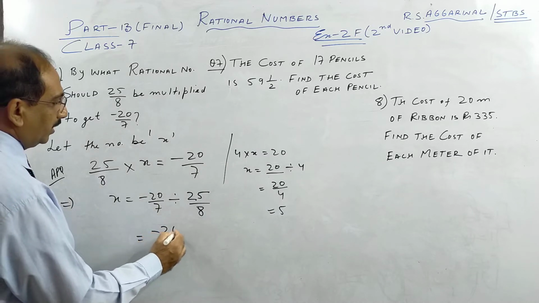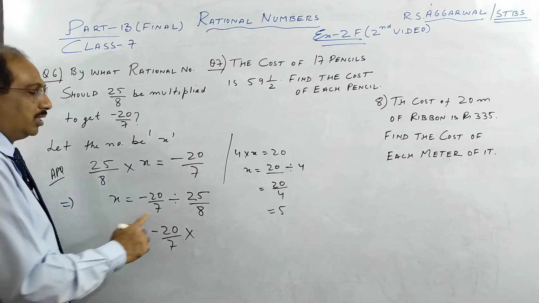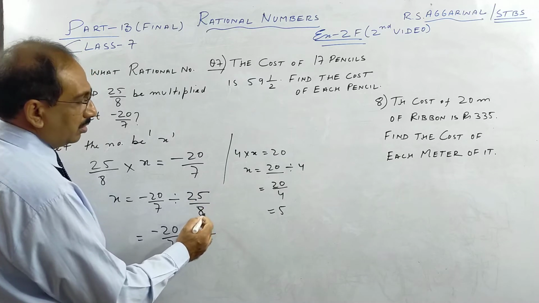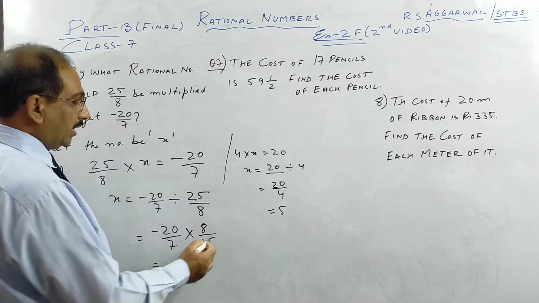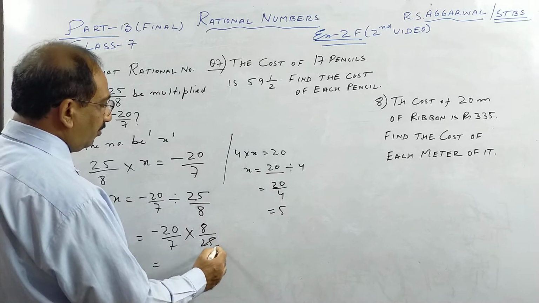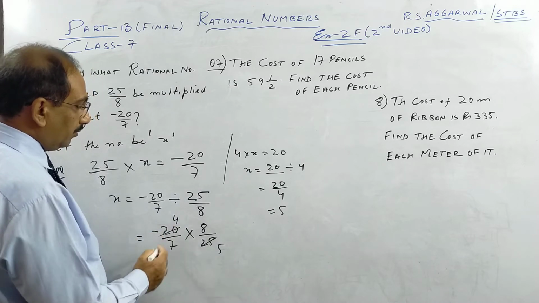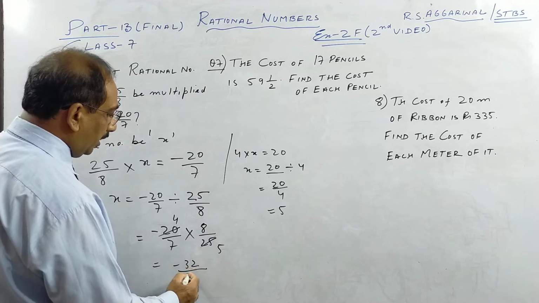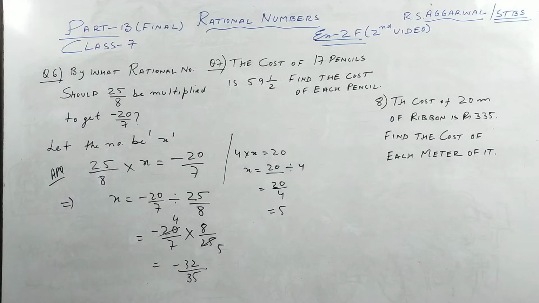So minus 20 by 7, when division becomes multiplication, children, numerator becomes denominator, denominator becomes numerator. Whatever we can cancel, we cancel. 5 5s are 25, 5 4s are 20. So minus 32 by 35. This is the rational number which we get.